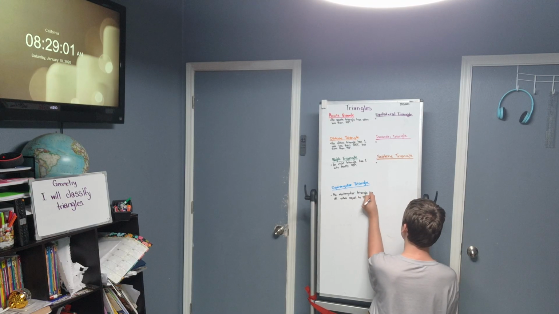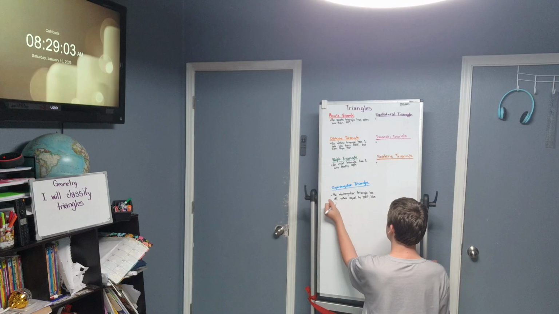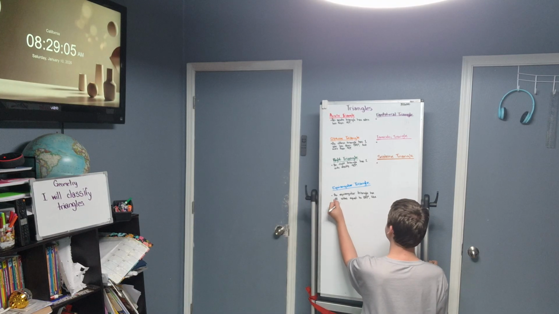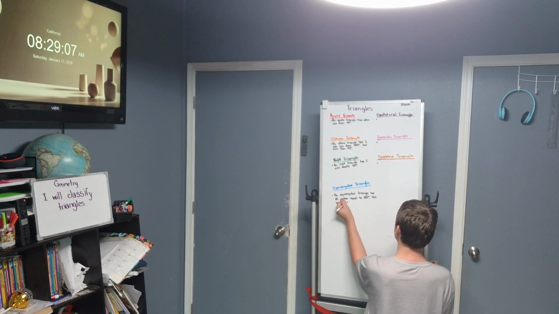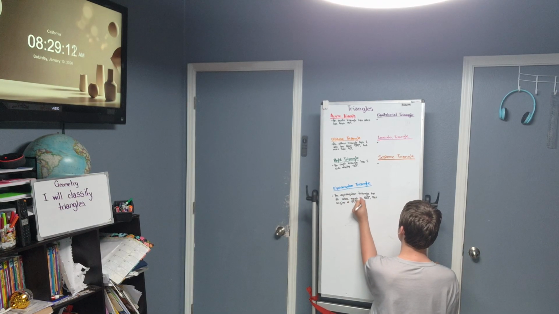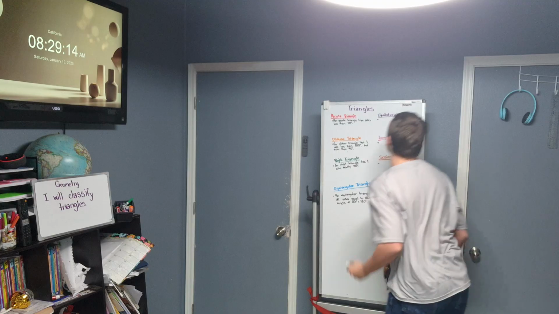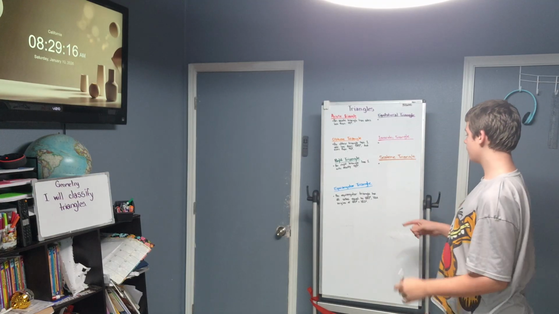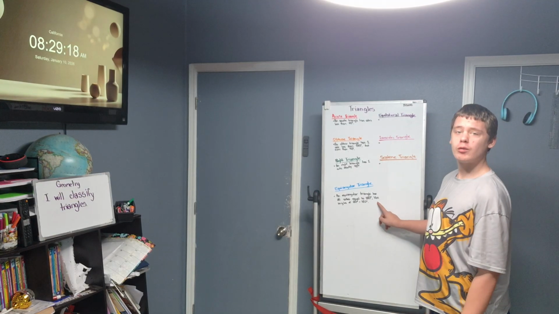Like angles of 60 degrees each, which is equal to 180 degrees. So, this is what an equiangular triangle is.